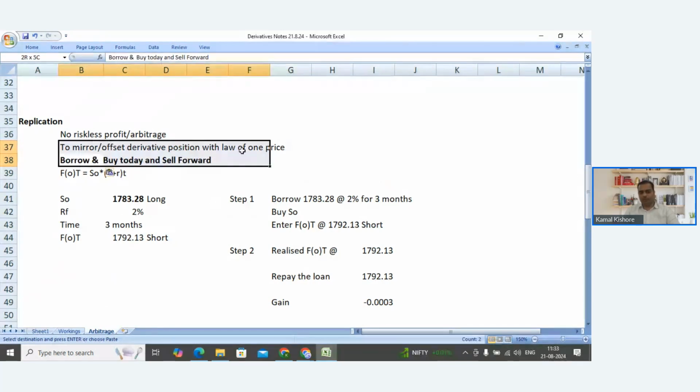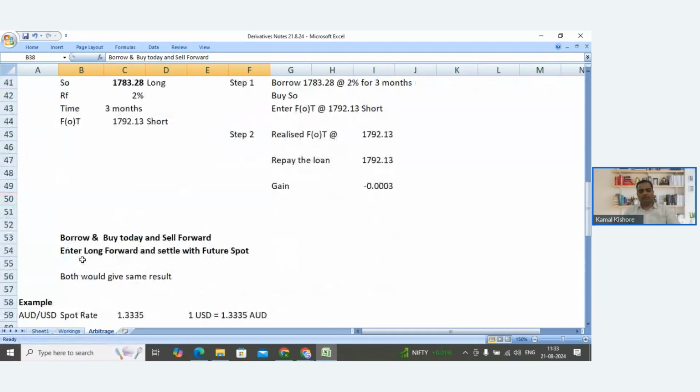Okay, that is nothing but this process. The same thing can be done wherein you are entering a long forward and settling with the future spot. What does that mean? What we have seen now is: borrow and buy today and sell the forward contract.